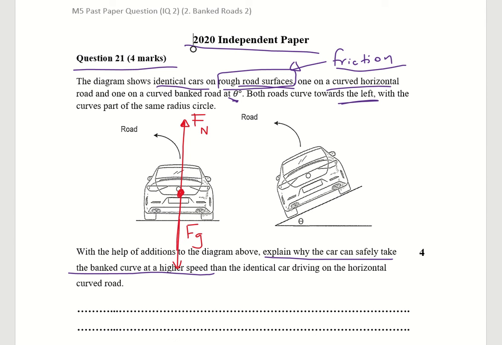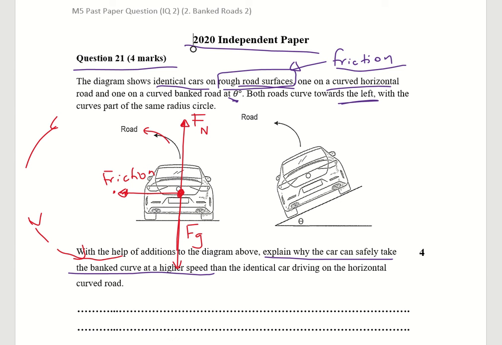Because the car is turning to the left here, the friction force is also towards the left, because that's the thing that maintains the circular motion. That allows the car to have that circular motion around like that. So that's why it needs to be towards the center point there. And that's how you draw the first one.